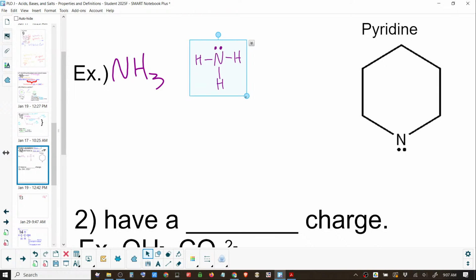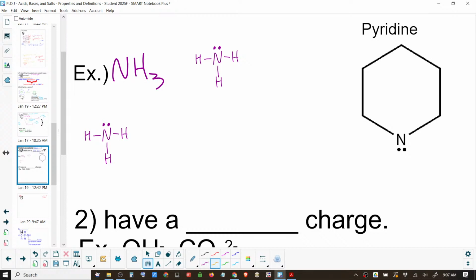So we have ammonia and we have, I won't make you get up, but draw the Lewis dot diagram of HCl.